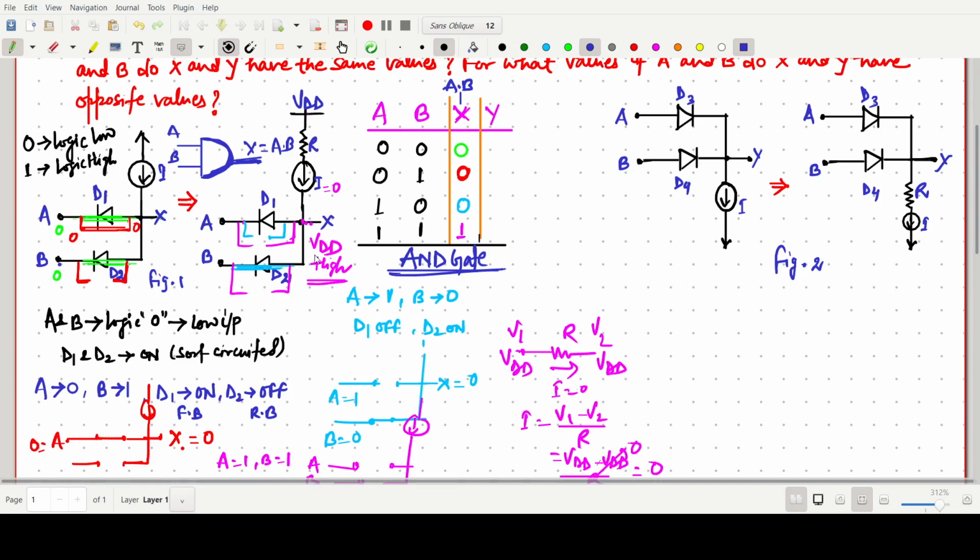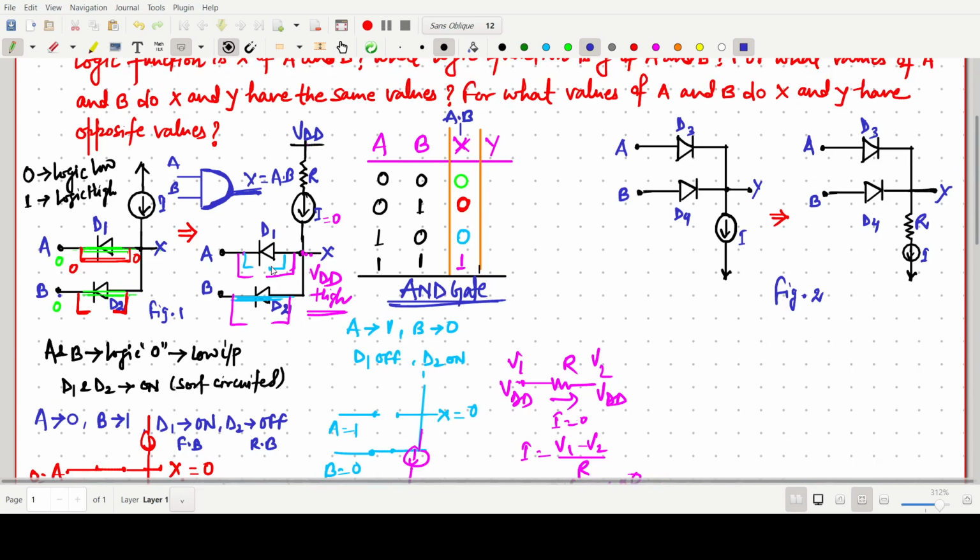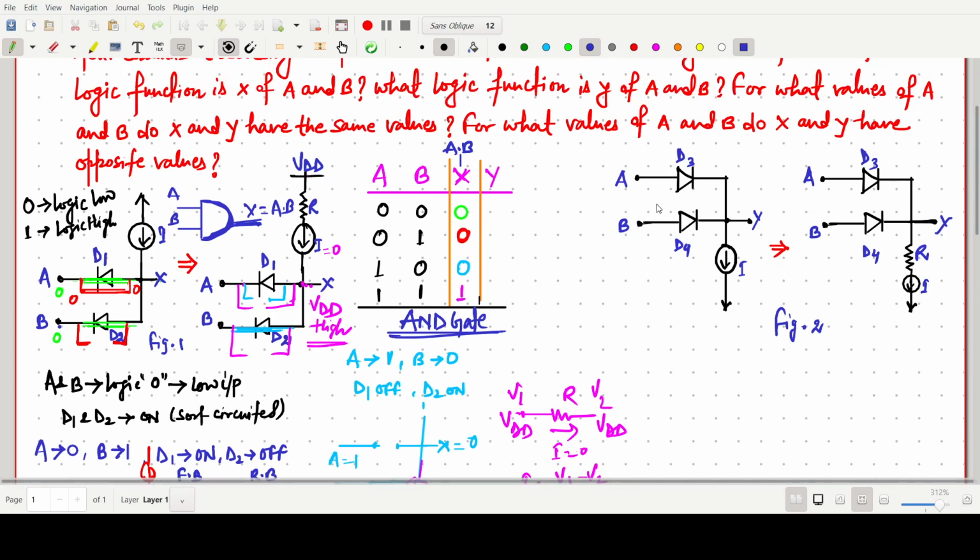For the first figure we have now explained. Now for the second one, for this figure, again we have to take both A and B as 0. Here I am making a column. This side I will write for when A equals B equals 0.